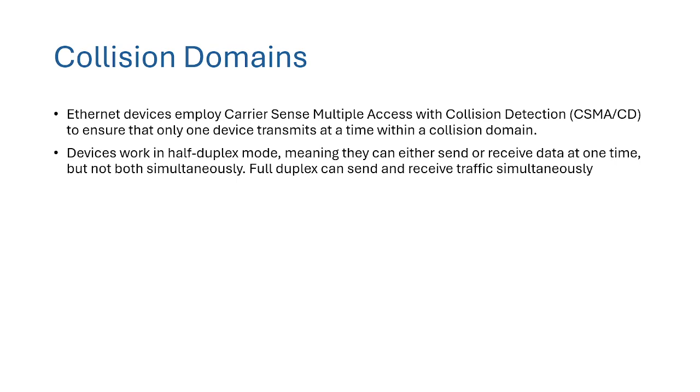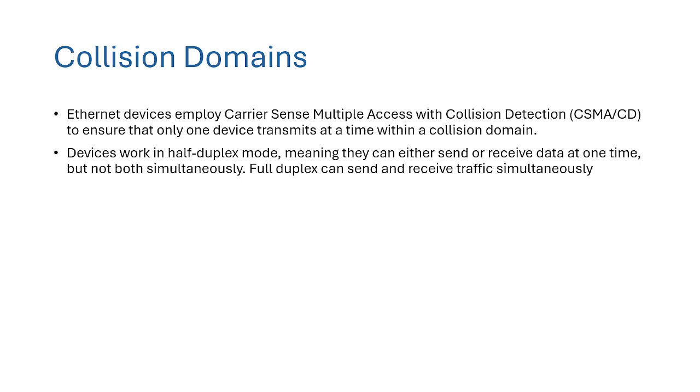Devices work in half duplex mode, meaning they can either send or receive data at one time, but not both simultaneously. To overcome this, we have full duplex, which can send and receive traffic simultaneously. Consider a device that is sending traffic: if it is half duplex, it can either send or it can receive.